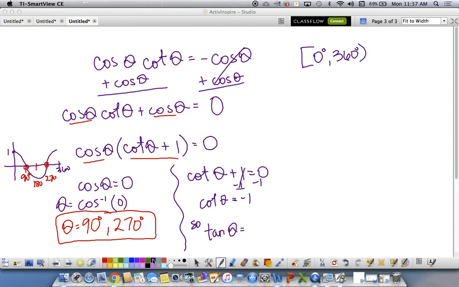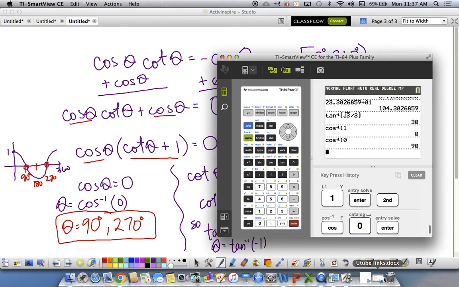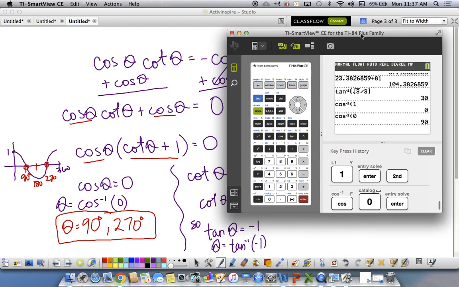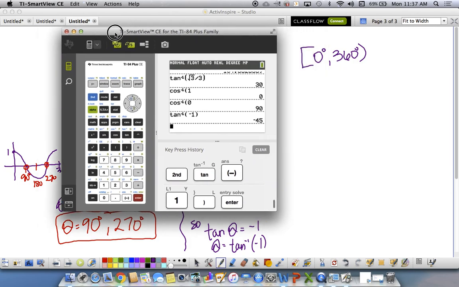What's the reciprocal of -1? It's -1. So here I can say theta equals tan inverse of -1. Plugging that in my calculator, second tan of -1 gives me -45 degrees.